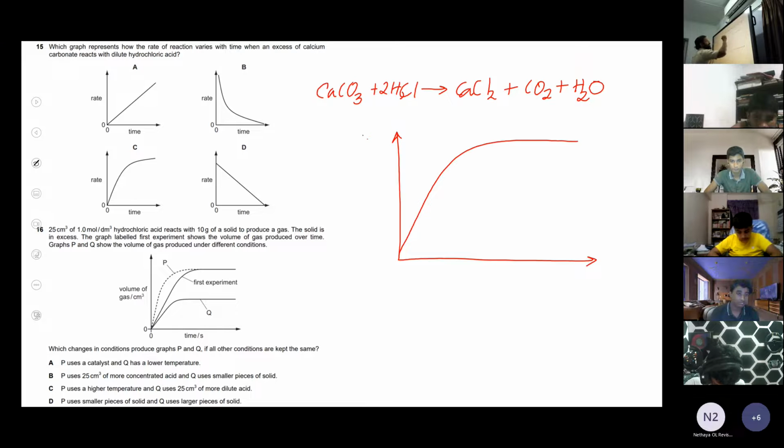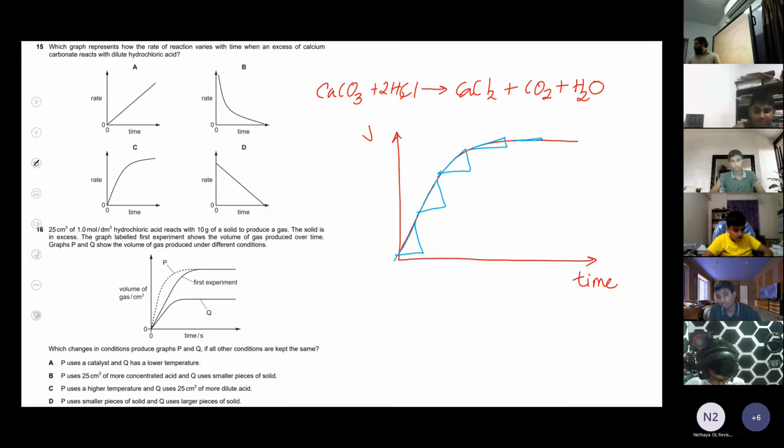Okay, listen to me. This is the volume of carbon dioxide over time, right? If you check, the gradient is the rate. What is happening to the gradient? It decreases. So if this is the gradient, rate 1, 2, 3, 4, 5, why did I write it as R?